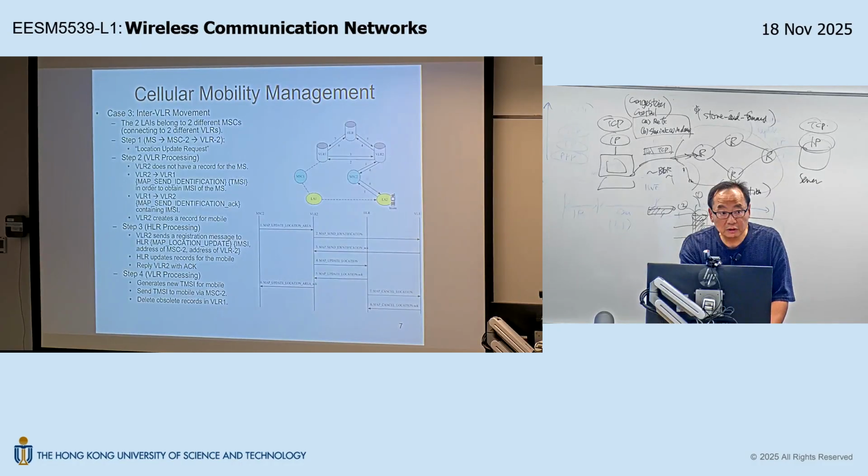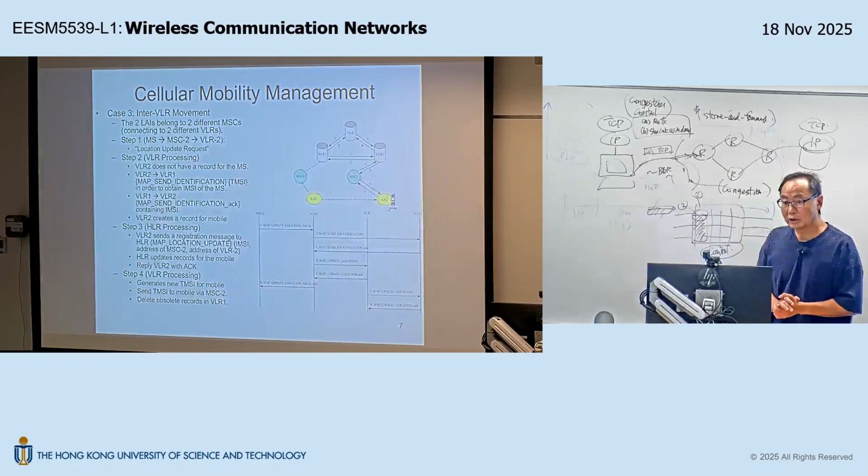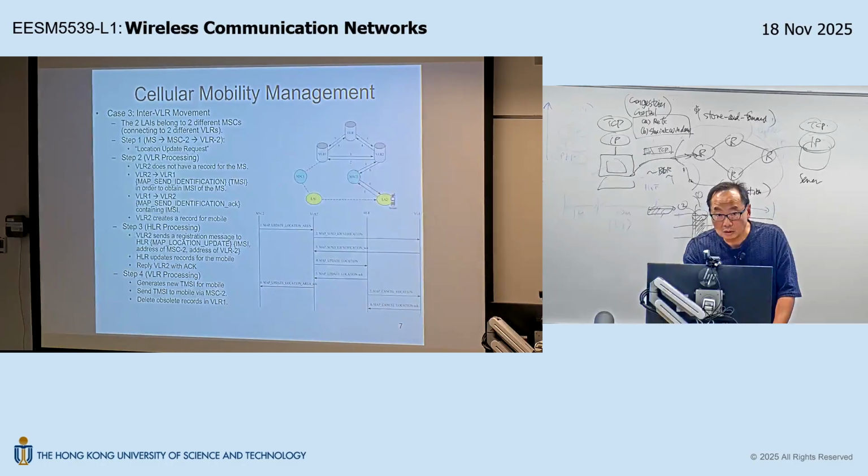Now why do I say that? In this case, when the mobile in this new location area again sends a location update request, step 1 is the same. The mobile sends a location update request to mobile switching center 2. The mobile switching center, using the same practice, has to issue a database transaction to update this record at the connected visiting location register.